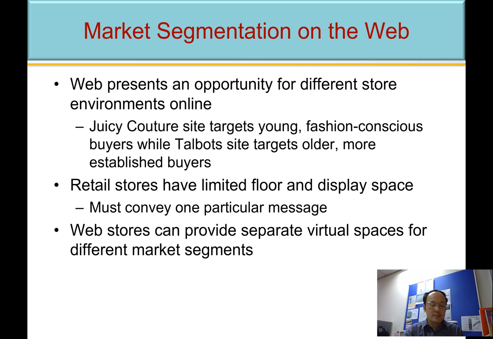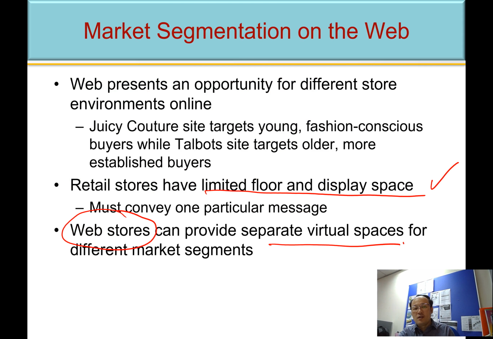Market segmentation on the web represents an opportunity for different store environments online. A retail store has limited floor and display space and must convey one particular message. A web store, an online store, has more advantage. It can provide separate virtual spaces. So compared to a physical retail store, a web store has more advantage.